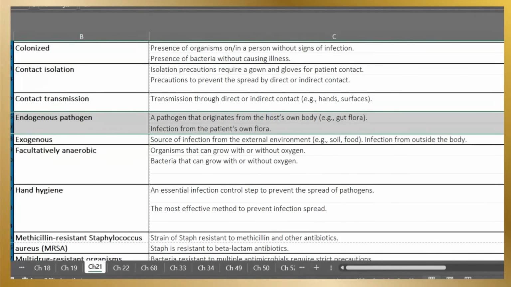Endogenous pathogen. It's a pathogen that originates from the host's own body, like good gut flora, and this infection is from the patient's own flora. So think about endo as meaning inside source, like gut bugs causing a UTI.